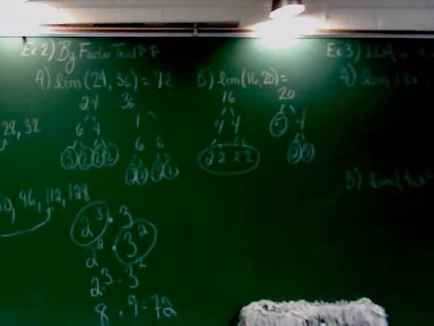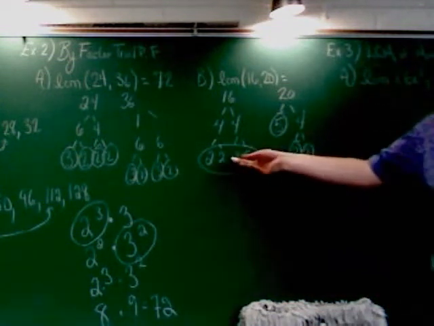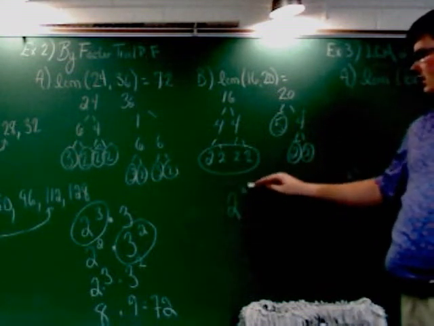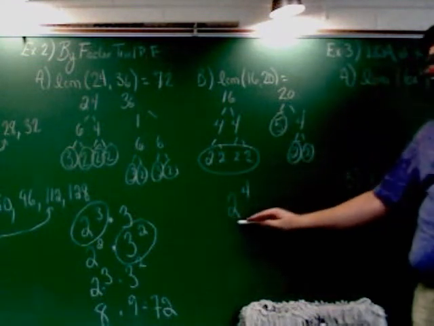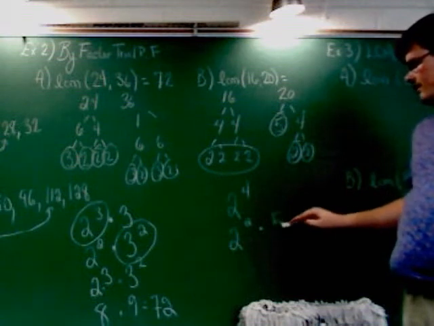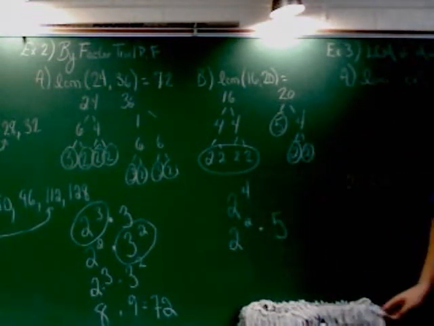All right, so that's our factor trees. The next step, I have to write the factorization with the powers. So 16 is easy, just 4 2s, 2 to the 4th. Over here for 20, I've got 2 squared, and I've got 5. So we can compare the things that start with the 2's.